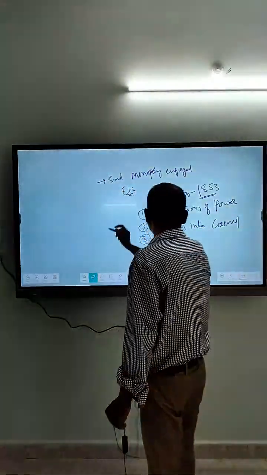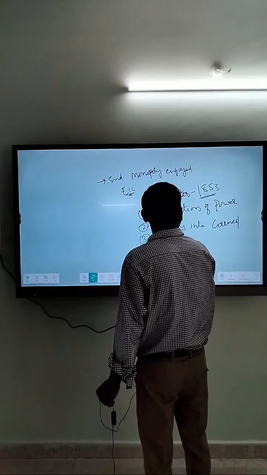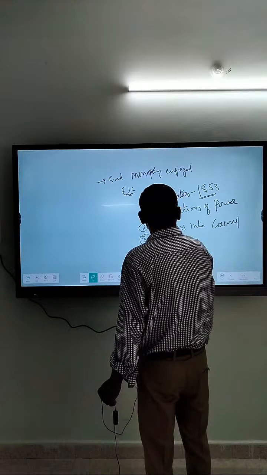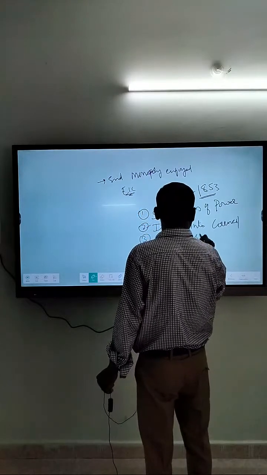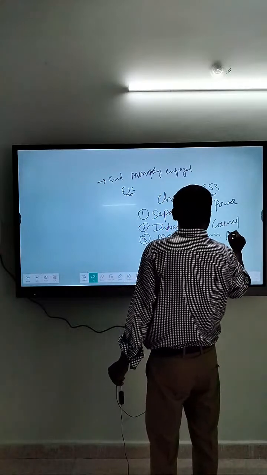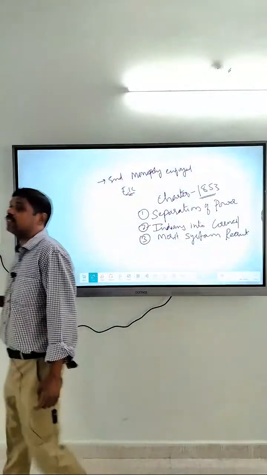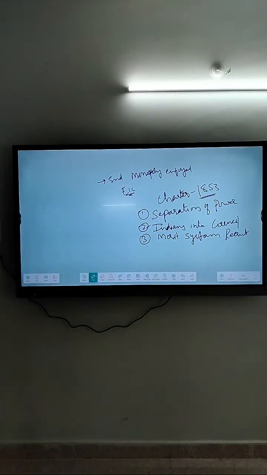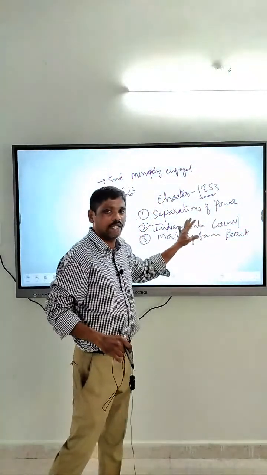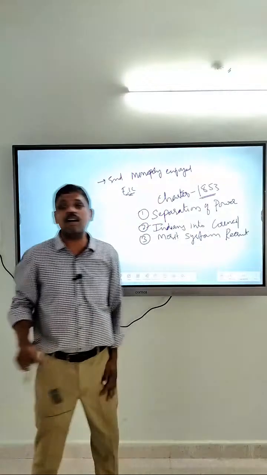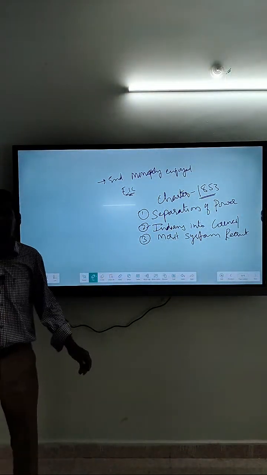Third one is, right, it is what you call, alright, introduction of merit system of recruitment. It is merit system of recruitment. Alright, so separation of powers, Indianization of council, that is adding of Indians into the council, merit system of recruitment. Right? So these are the important elements of the 1853 Act.